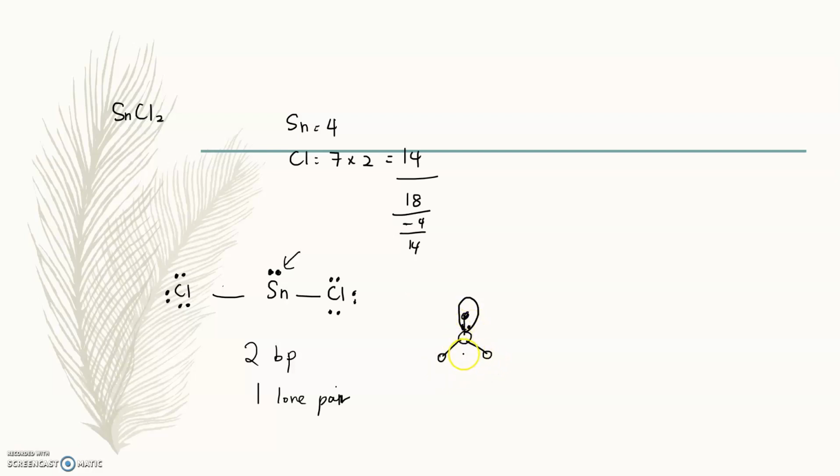So the shape now starts to become a bent structure. Okay, so if you draw based on VSEPR theory, you must draw based on its angle for bent, and there is 1 lone pair. So the geometry is bent.